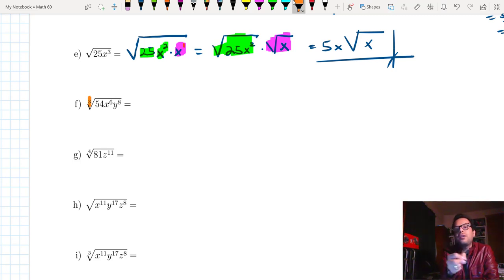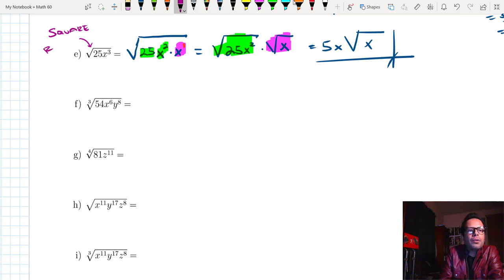So now we are going to look for perfect cubes. Notice on the previous example, because of this index right here, square root, we were looking for perfect squares. Now we have a cube root, we look for perfect cubes.